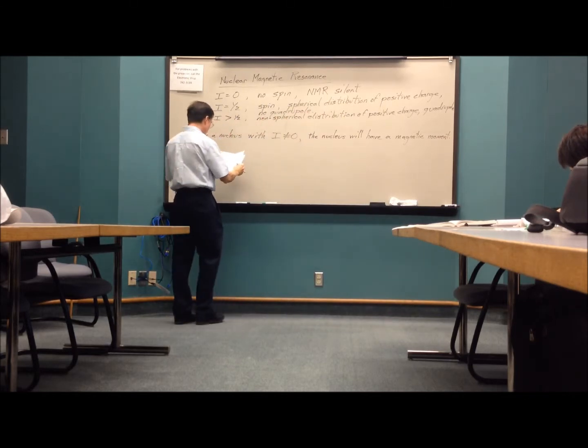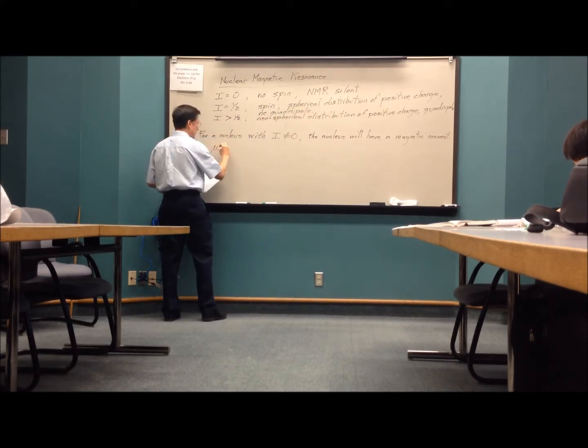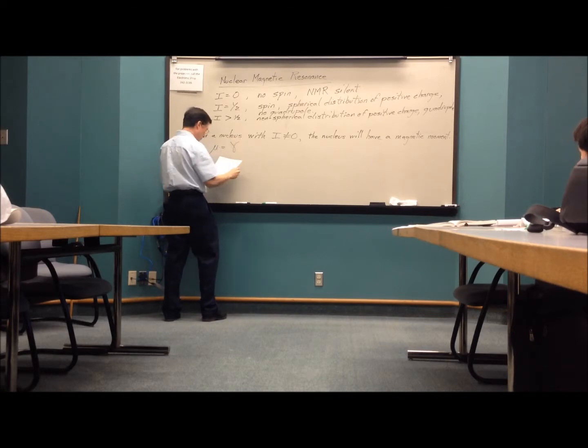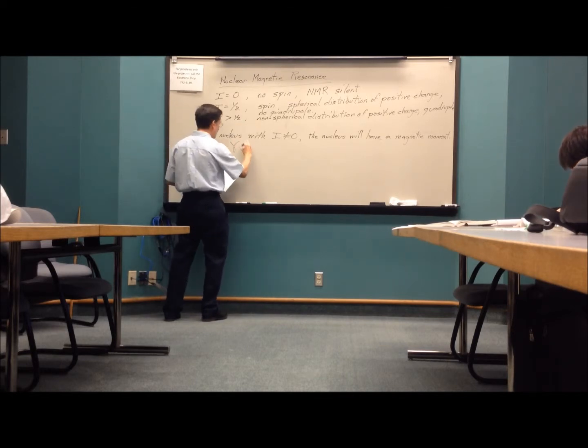So we'll have a magnetic moment. That magnetic moment is designated mu, and it's equal to gamma times P.